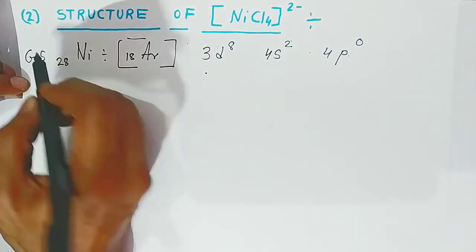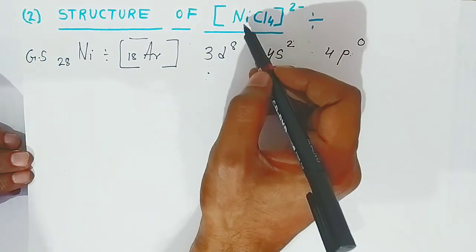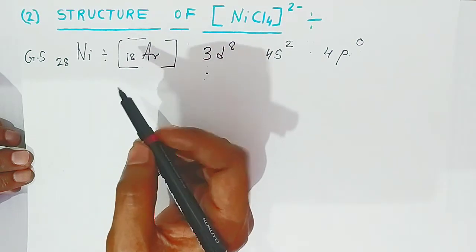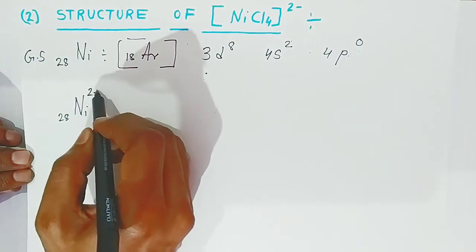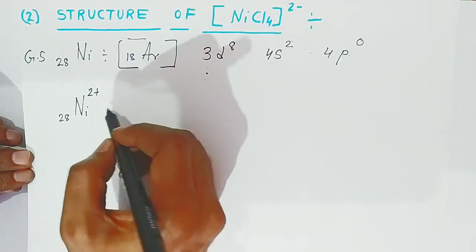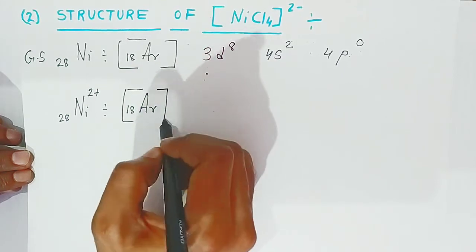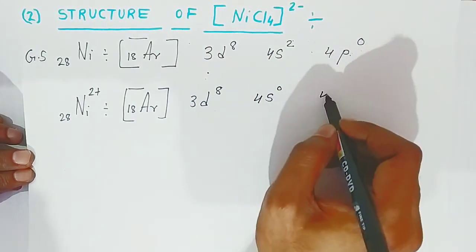Now what happens, because it is carrying 2 minus, so when you write down the oxidation state of the nickel in this complex, students, it has oxidation state +2. So this nickel 28 will go to oxidation state 2 plus. That means it will lose 2 electrons. So what will be the electronic configuration, students, in nickel 2 plus? 3d8, now 4s0, 4p0.